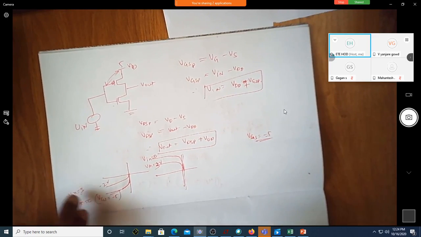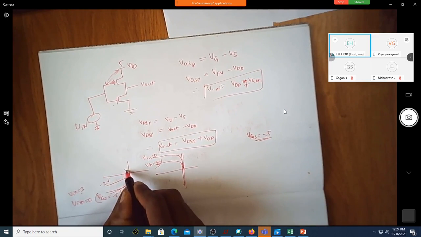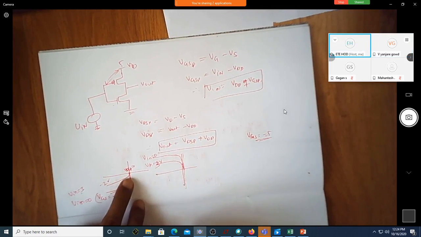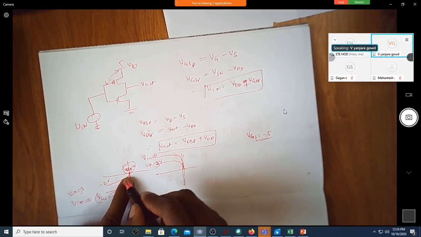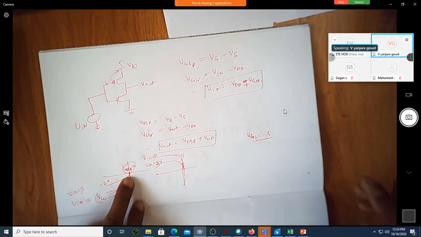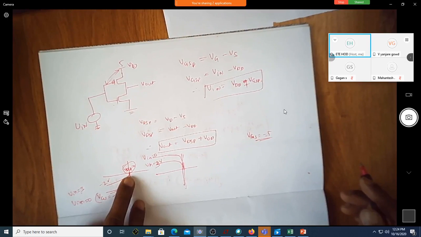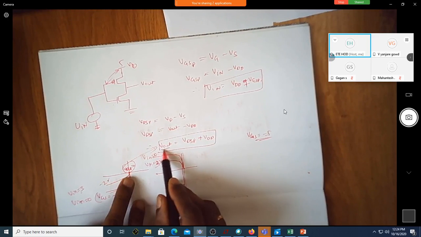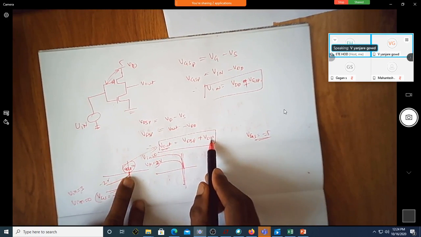Now this is VDSP, VDSP equal to 0 volt. When it is 0 volt, how do I represent Vout in terms of VDSP? Is Vout equal to VDSP plus VDD?